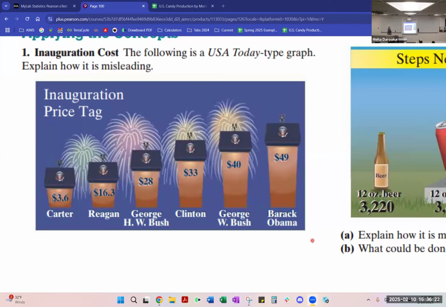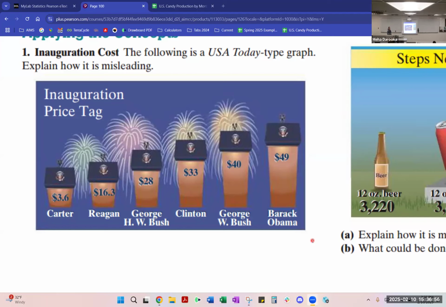The other big thing should be, are we assuming that the scale starts at 0? Because there's no vertical axis per se given to us. So we really don't know, are we starting at a scale of 0, 1, 2, 3, and what does 3.6, 16.3, 28 mean? Well, I guess they did give you a dollar symbol.